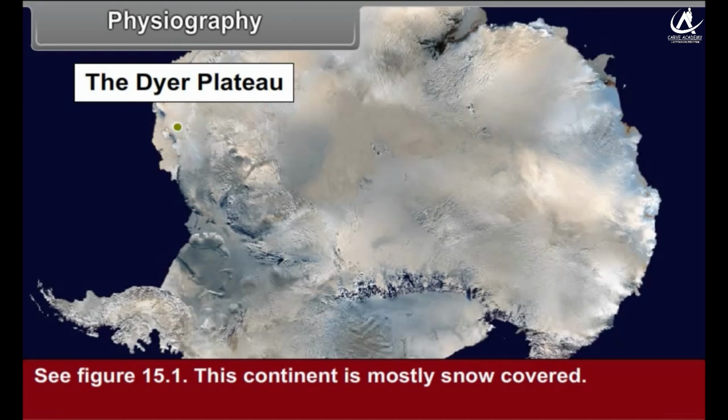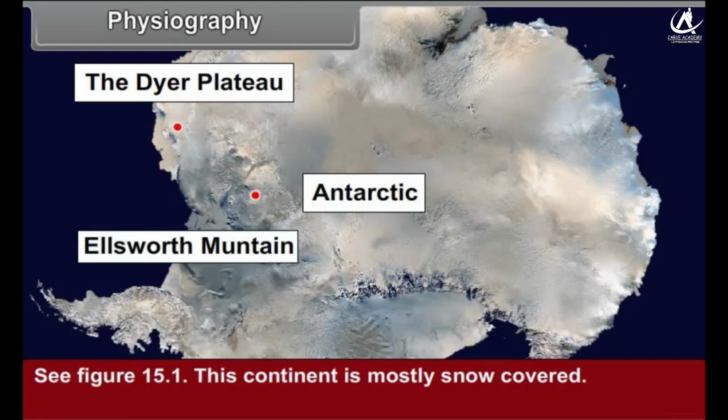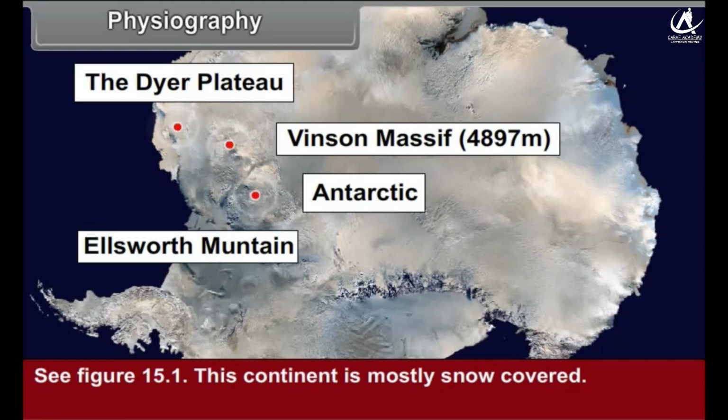The Dire Plateau is situated on the Antarctic peninsula of this continent. Ellsworth Mountain is to the south of it. Vinson Massif, 4,897 meters, in this mountain is the highest peak in this continent.